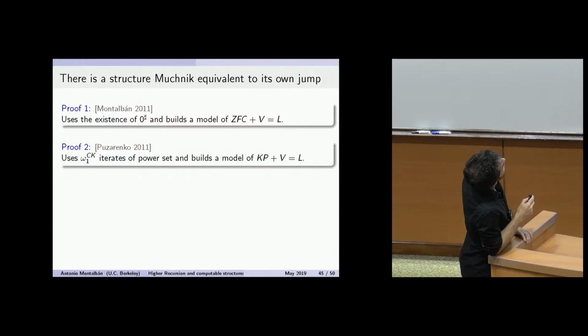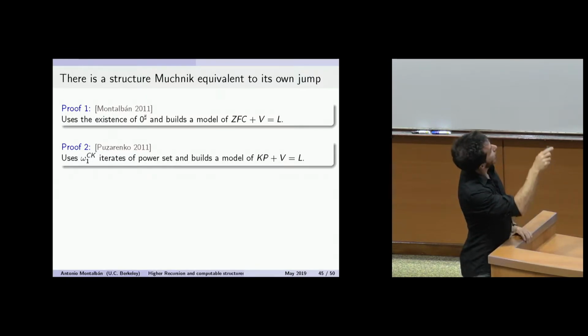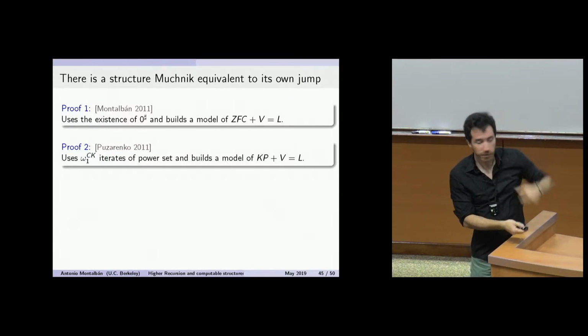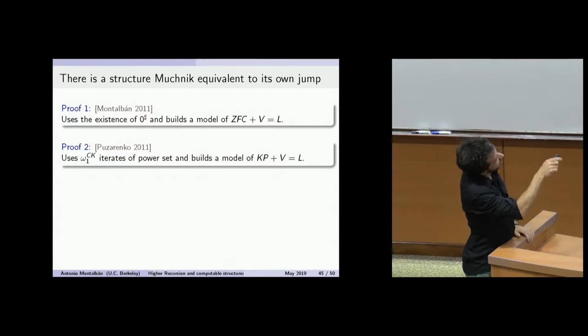Putsarenko, at the same time, also, we didn't know each other's proofs. He also builds an example. Instead of using 0 sharp, he uses omega 1 CK iterates of the power set axiom. He has to use omega 1 CK iterates of power set. And he builds a model of essentially the same thing.